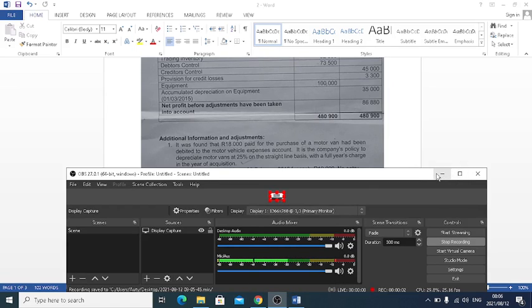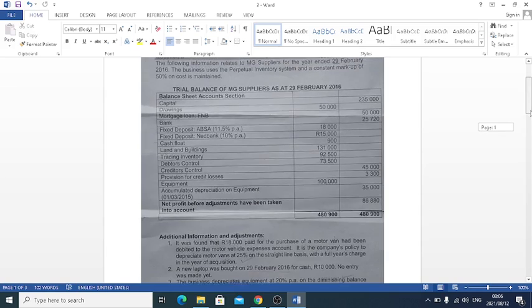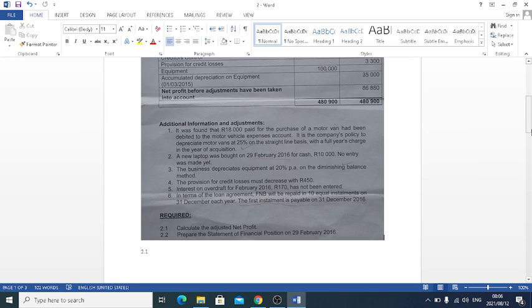Okay, student, today we're going to do the statement of financial position. According to the question paper, we are required to calculate the adjusted net profit and then to prepare the statement of financial position. So we're going to do 2.1, how to calculate the adjusted net profit.